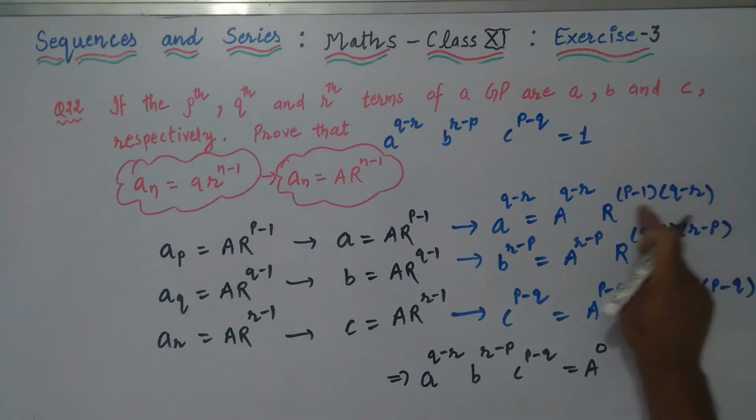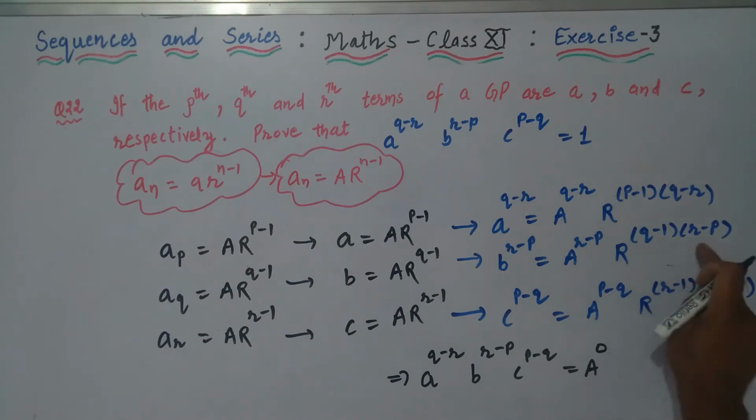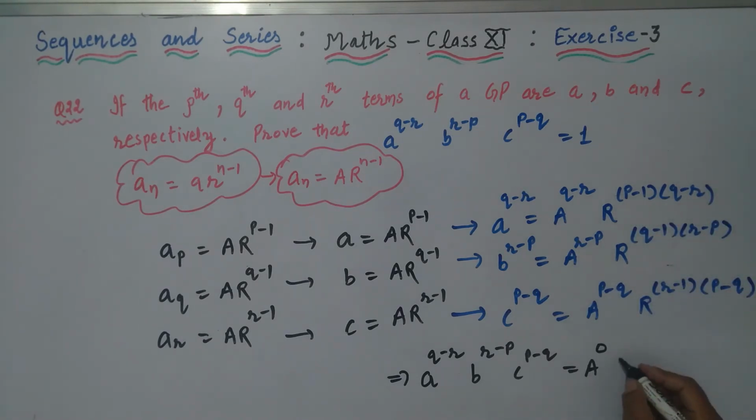Similarly, multiplying these products and adding the powers, we shall have R raised to power 0. Something raised to power 0 becomes 1. Hence the result. Next question.